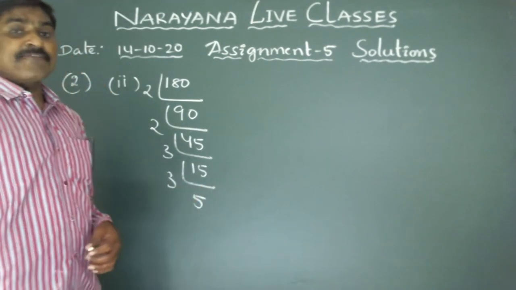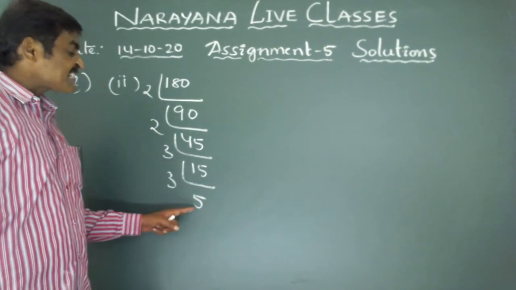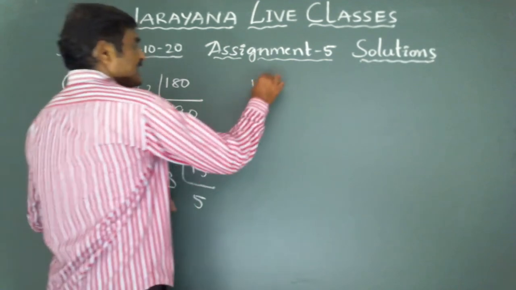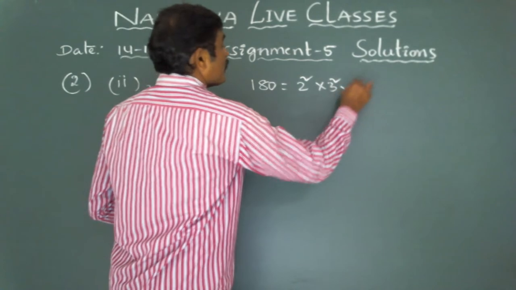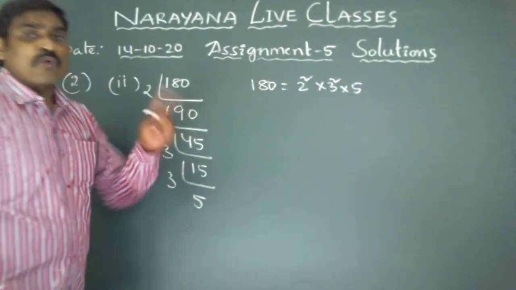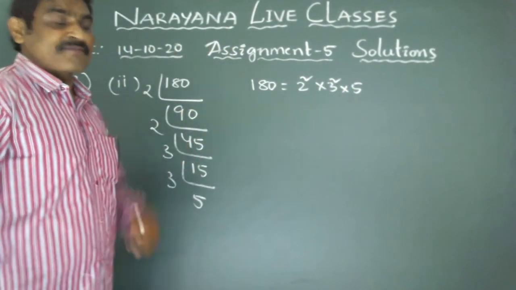Now every prime factor is repeated 2 times except 5. So 180 can be written as 2 square into 3 square into 5. When we multiply with one more 5, it will become a perfect square.